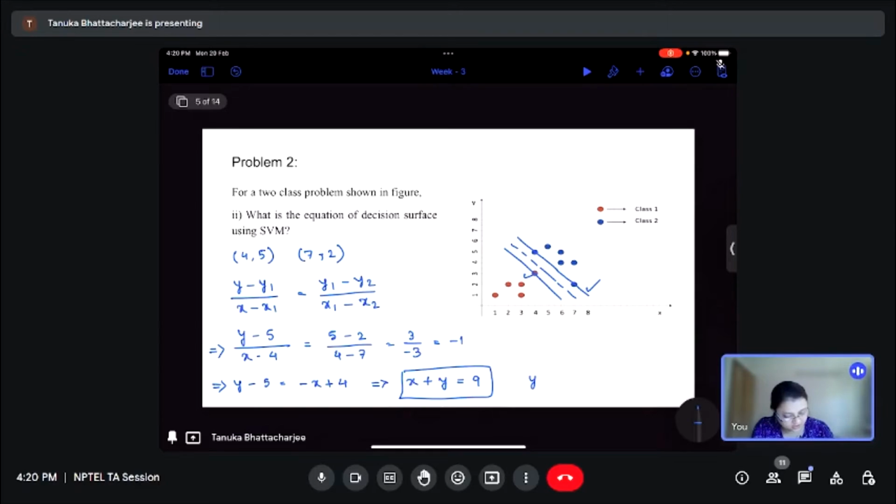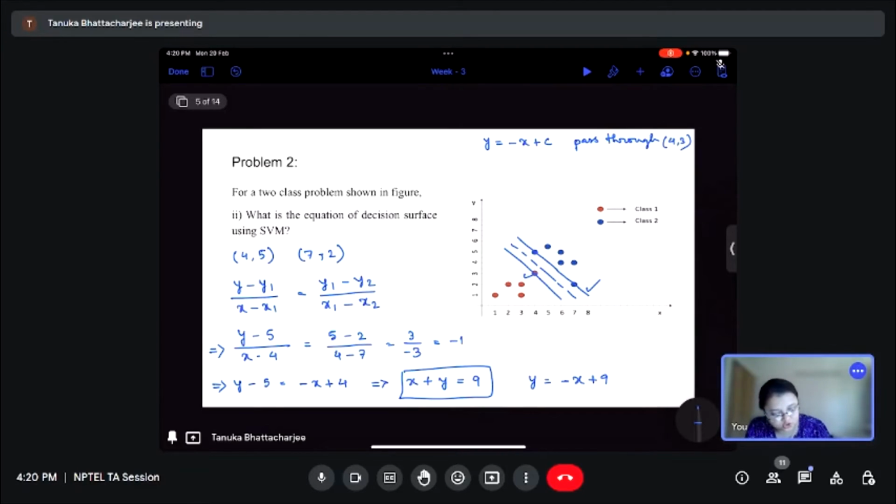If we write it in y equal to mx plus c form, the slope is minus 1. So the equation will be y equal to minus x plus c, which will pass through 4, 3.